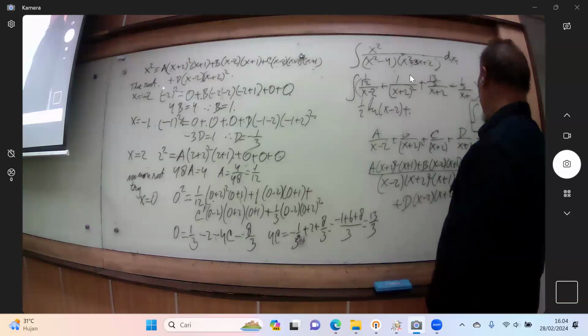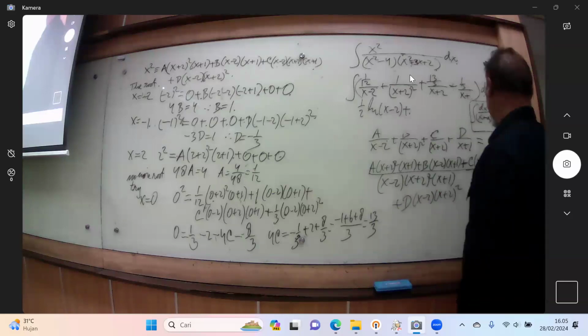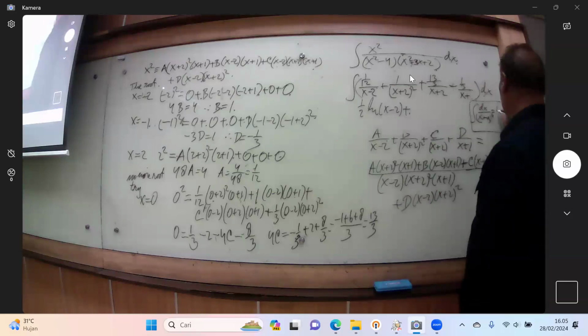If the integral of dx divided by x plus a to the power of n, then it is 1 minus n, x, 1 minus n, multiplied by 1 over x minus 1, a to the n minus 1.